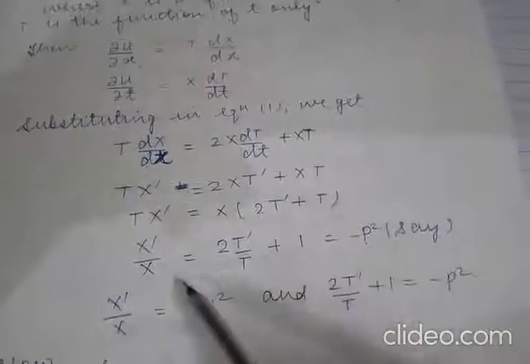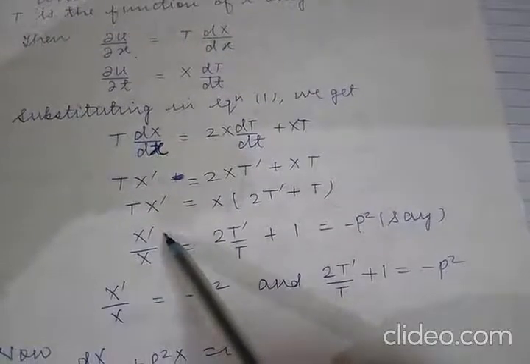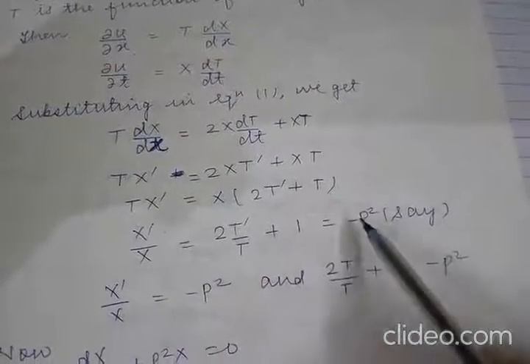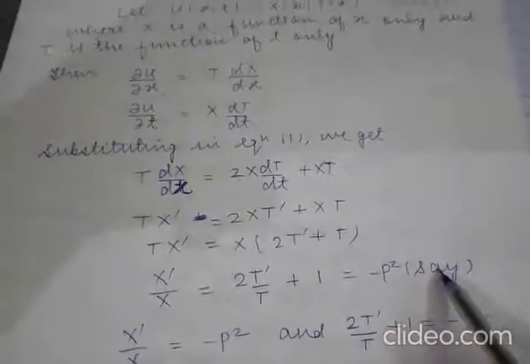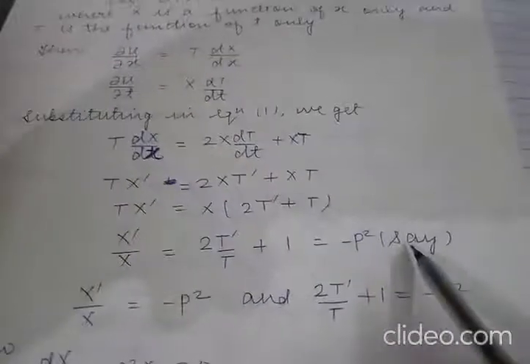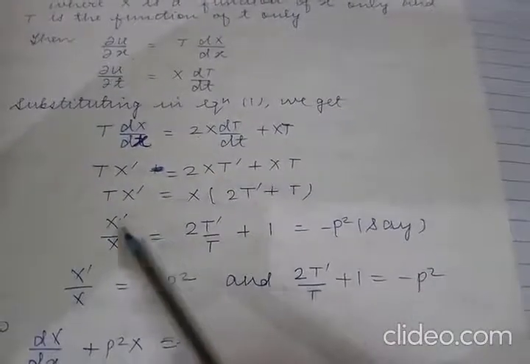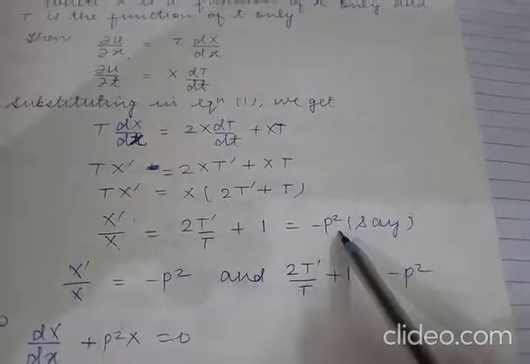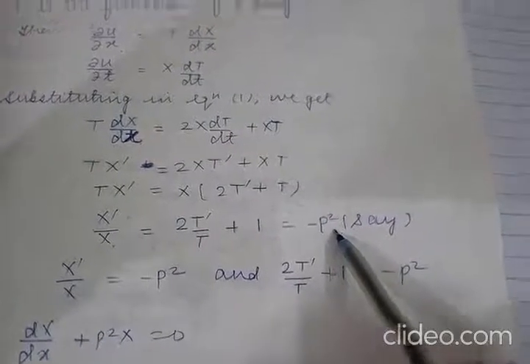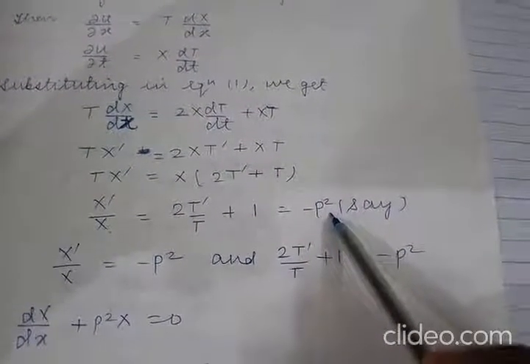We always take the ratio X dash upon X equal to minus p square. In every question, when we obtain the ratio X dash upon X, this will be assumed equal to minus p square. Now it can be solved in two ways.